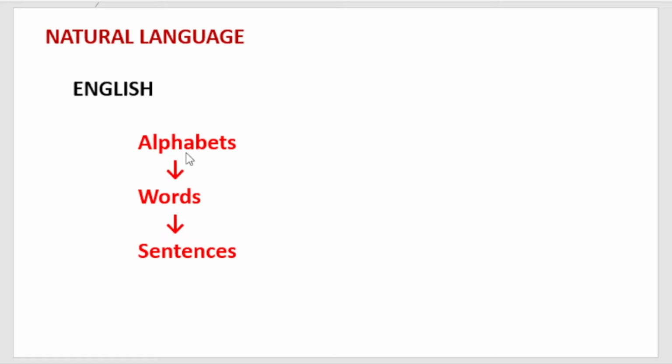The teacher would start with the alphabet of this language. Once the student was able to identify and recognize the alphabet A to Z, then the teacher would train them in framing words. With a combination of one or more words, a sentence can be framed.